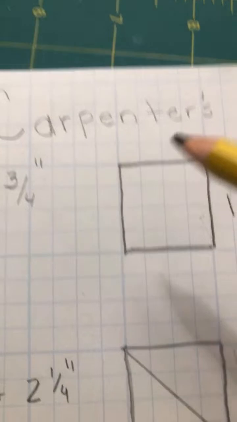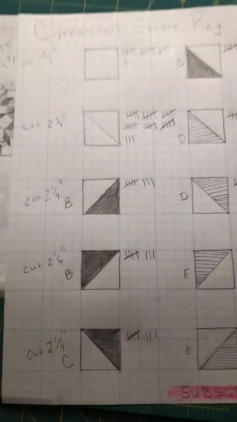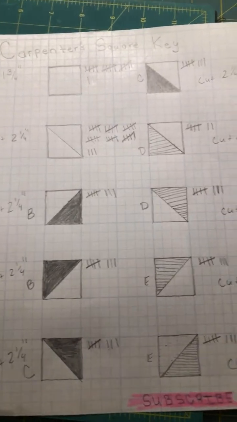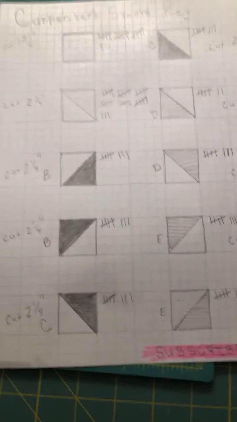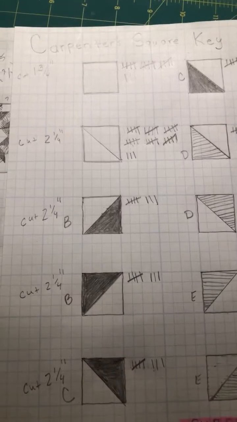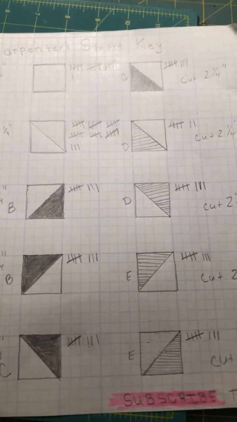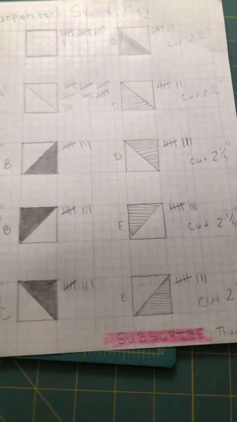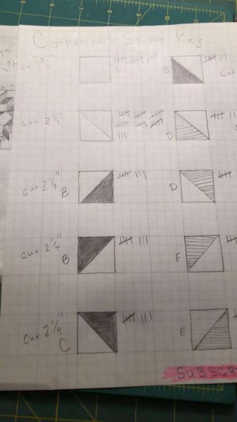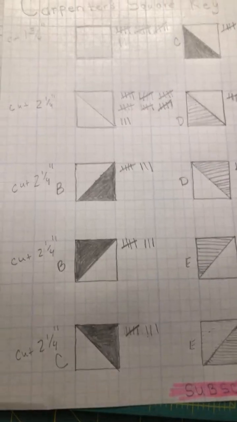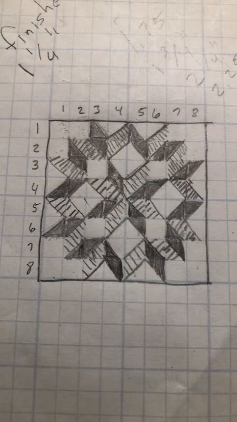This is my little key I developed, printed out, or drew out, so I'll know how much of each block I need to cut for my Carpenter star. I keep saying square, a Carpenter star. And this is the Carpenter star right here.